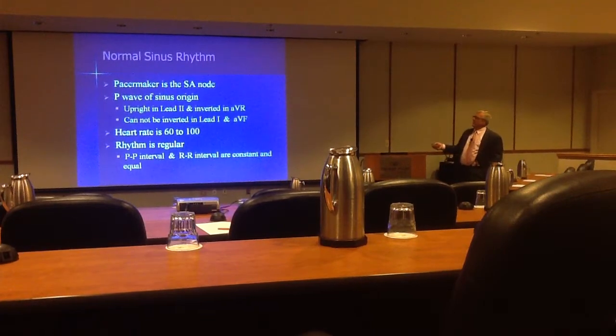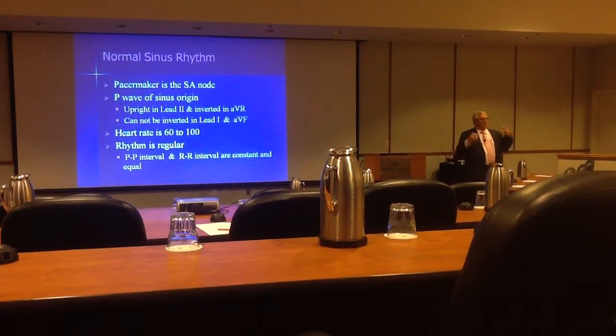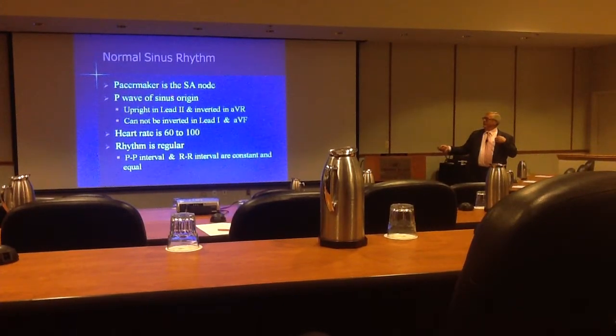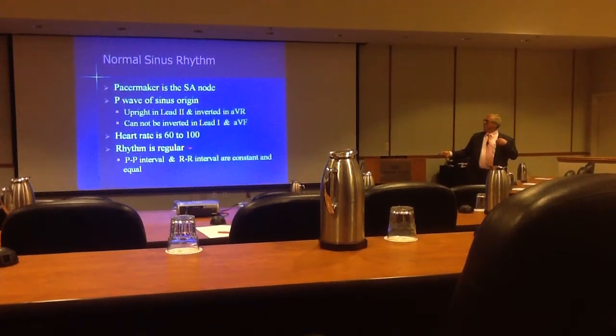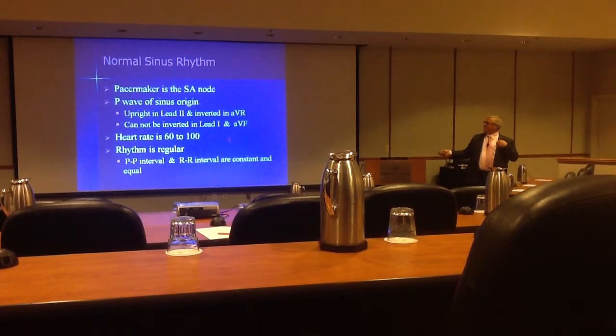Normal sinus rhythm just means that the heart's electrical system is working. It doesn't tell us if the patient is sick or healthy. You're going to find a P wave, which is the atrial activity, and we use lead 2 because it's usually upright. The heart rate is between 60 and 100. The rhythm is regular. If I map out every P wave, it's all going to be the same rate.